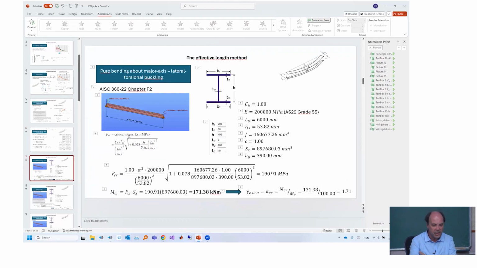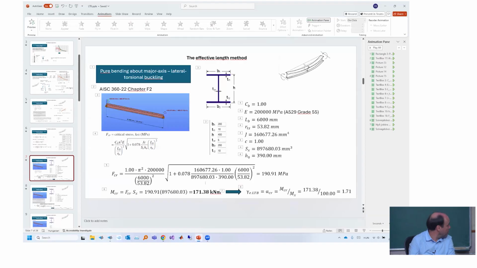Okay, so if we include all the values into the critical stress calculation, then we have a value, and if we multiply that critical stress with the section modulus, then we get almost exactly the 172 kN as critical moment, what we got numerically using Consteel. All these parameters are calculated by Consteel, so I will show how the results are given by Consteel. You can also double check and reuse this calculation.